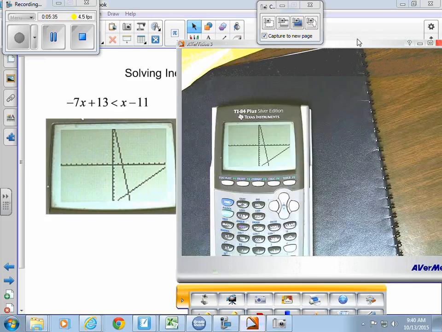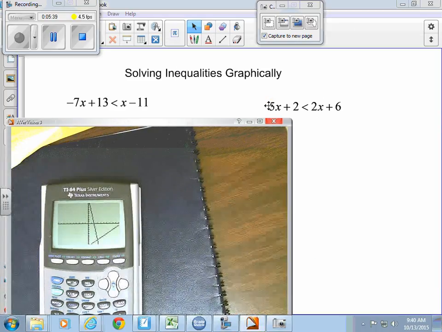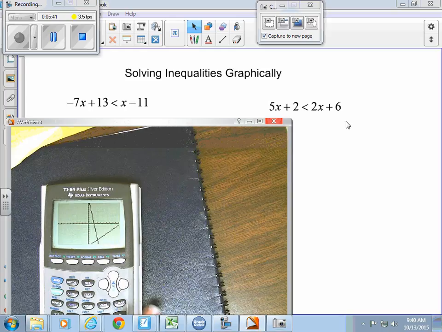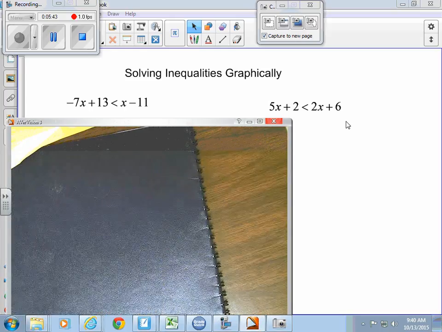Where it crosses it, we are trying to solve that whole inequality graphically. The point where they cross definitely will be important.